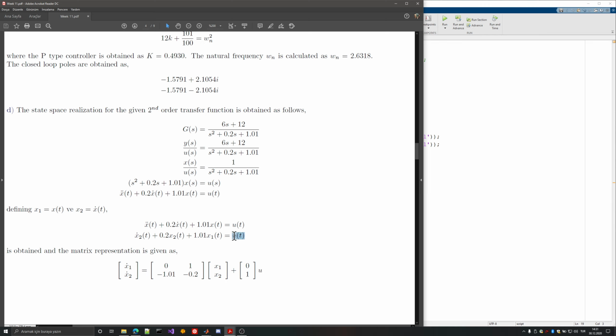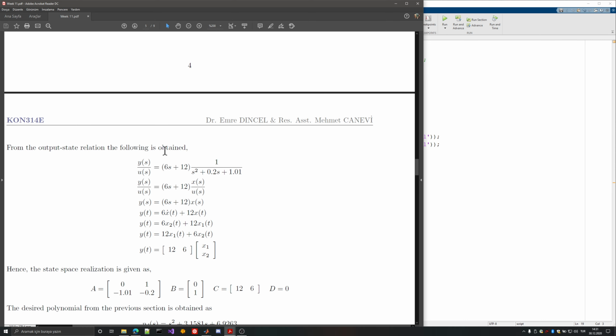And the only input here is here and not in the other ones, because they are showing us the relation between the states. And then considering 6s plus 12 later, based on this transfer function part here or the realization there, you just need this here, because you get 6s plus 12 times x, and this corresponds to this in the time domain. You will get the coefficients.